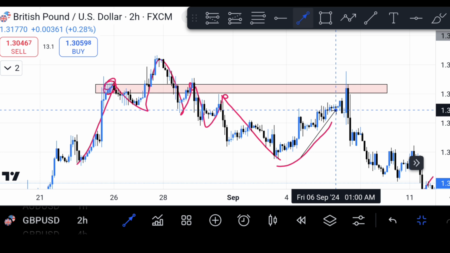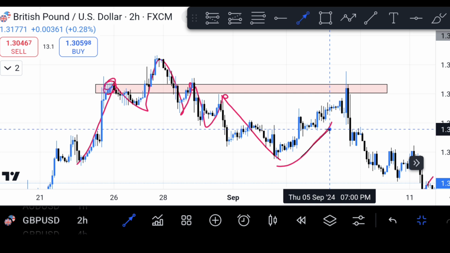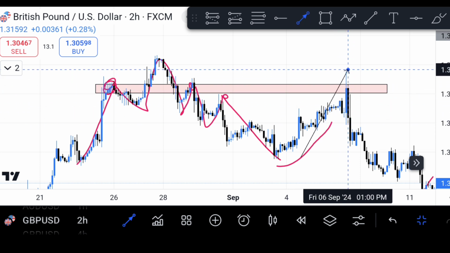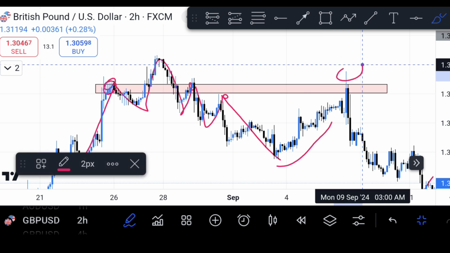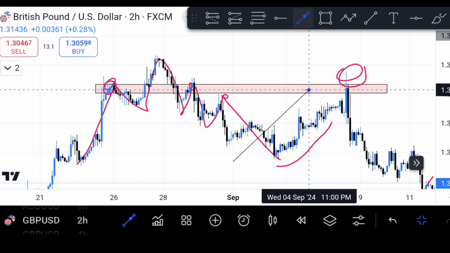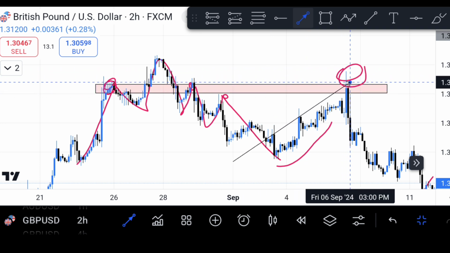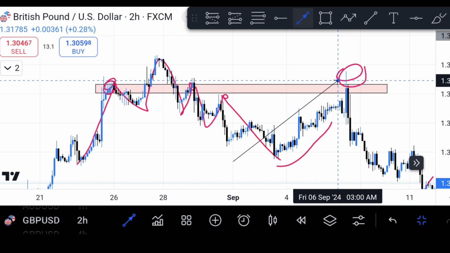The candlestick momentum decreased when it was about to get into the zone, and when price got into the zone, it created a long wick at the top of the zone. Look at the wick at the top. So this wick candle that went through the zone with these small candles indicated for us that price cannot break this zone.